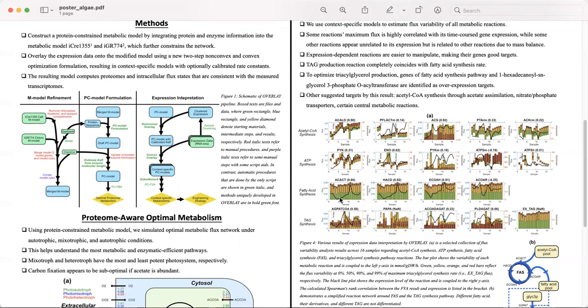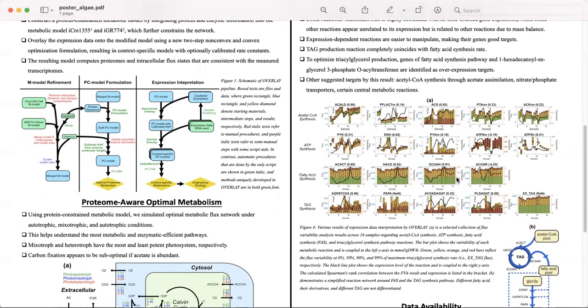In turn, the expression of the fatty acid synthesis steps is highly correlated with this fluxomics. So in this case, we know that it's this reaction that's dictating the fatty acid synthesis rate, which in turn dictates the TAG production rate.